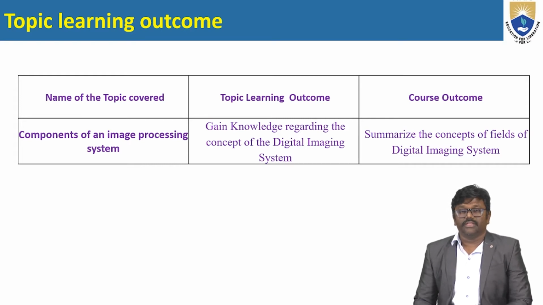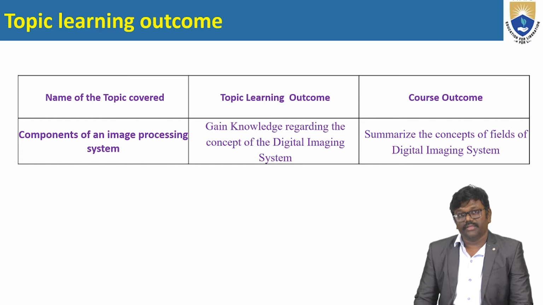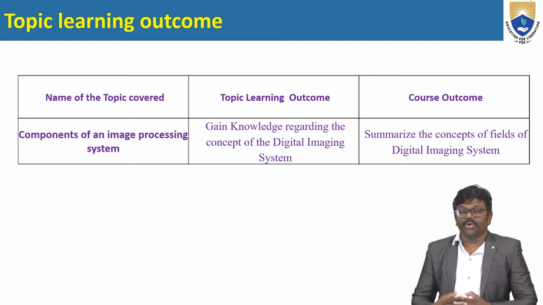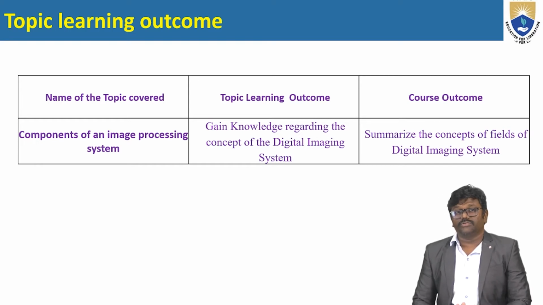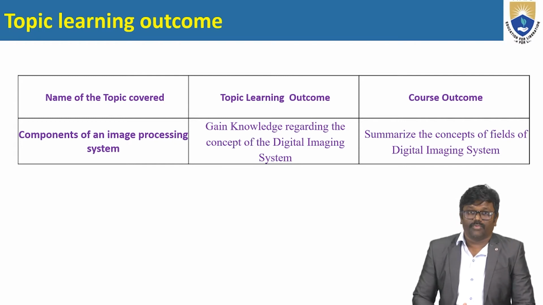The topic covered here is components of an image processing system. From there, we gain knowledge regarding the concept of digital image processing. We will understand how we achieve one course outcome, summarizing the concepts of the fields of digital imaging systems.